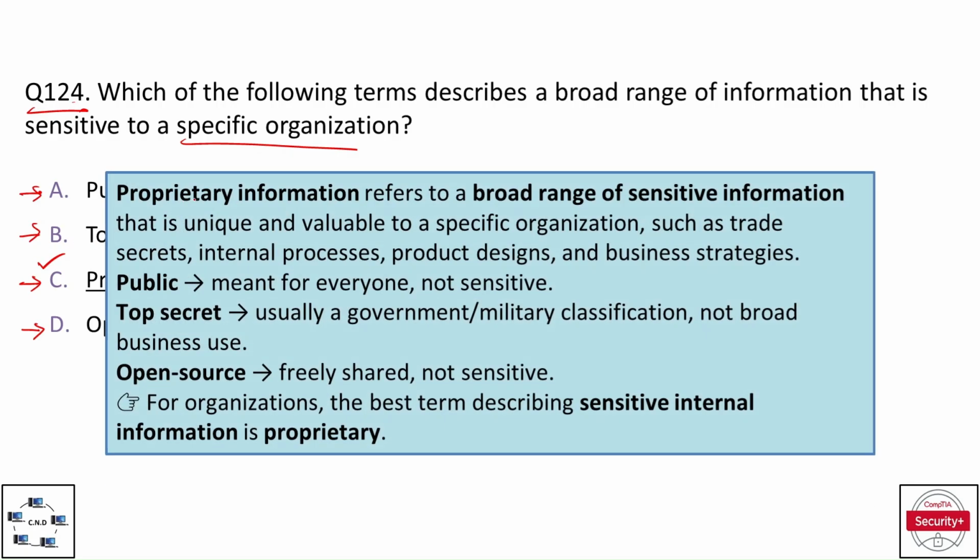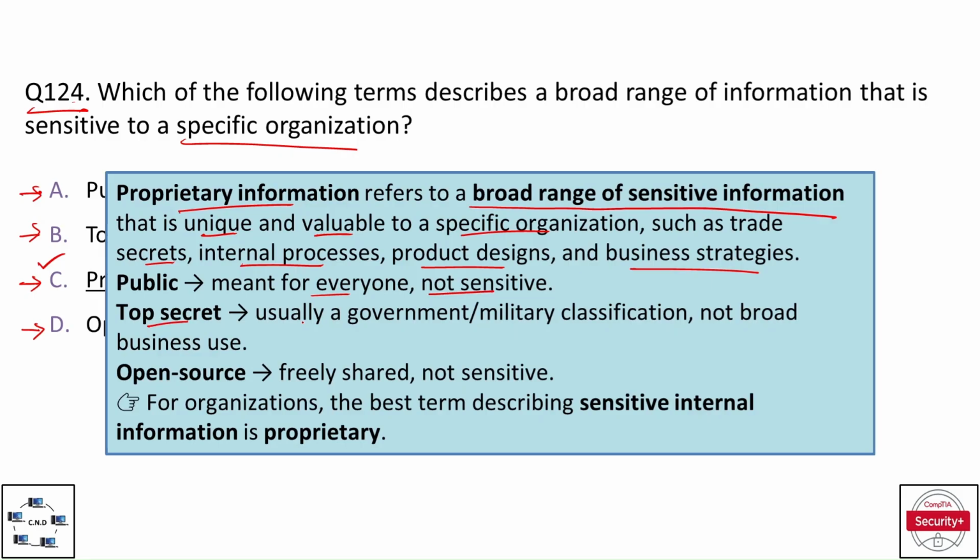And the explanation is, proprietary information refers to a broad range of sensitive information that is unique and valuable to a specific organization, such as trade secrets, internal processes, product designs, and business strategies. Public information is meant for everyone and is not sensitive.